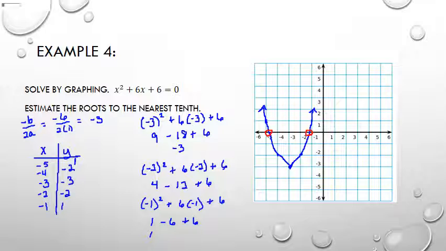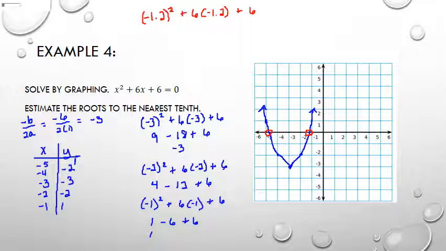So let's try -1.2. And we're trying to get as close to 0 as possible. -1.2 squared plus 6 times -1.2 plus 6. Okay, so this can all be in your calculator.